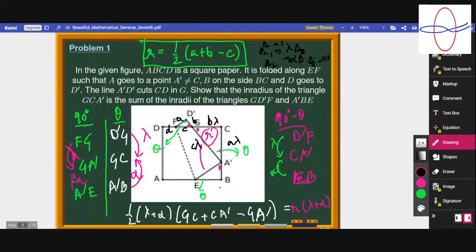Since these are given here now, what will this be? The height will be equal to C lambda by alpha. This one will be B lambda by alpha, and this one will be A lambda by alpha, right? And this is C lambda by alpha.